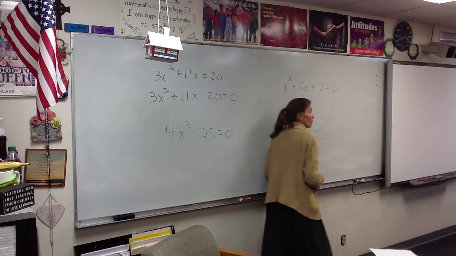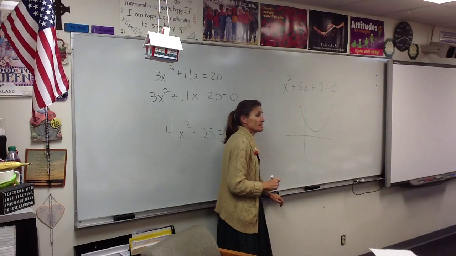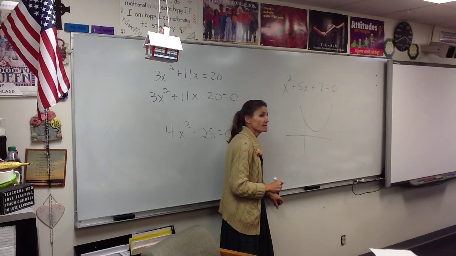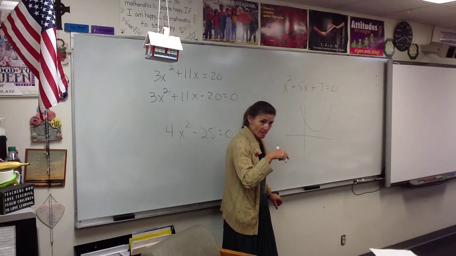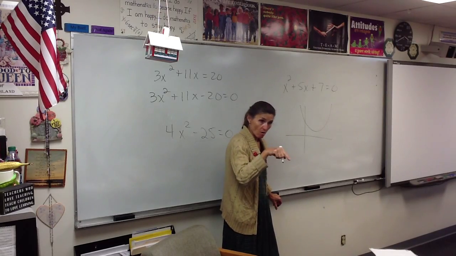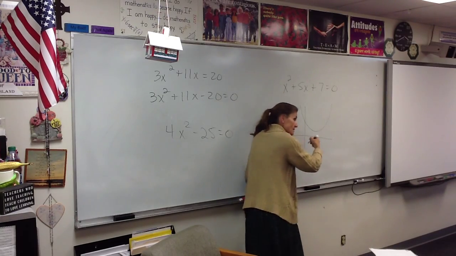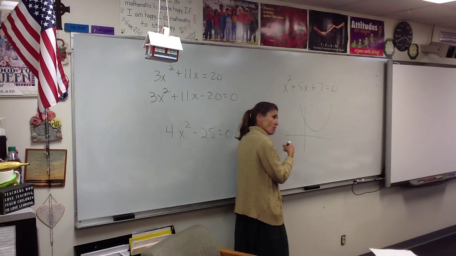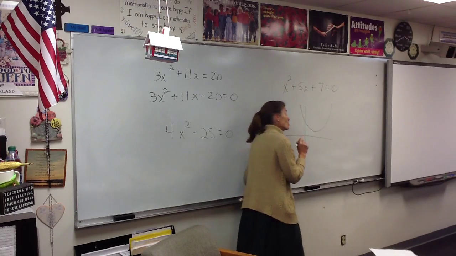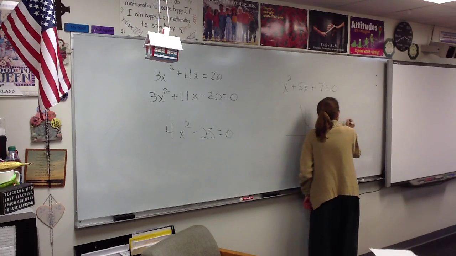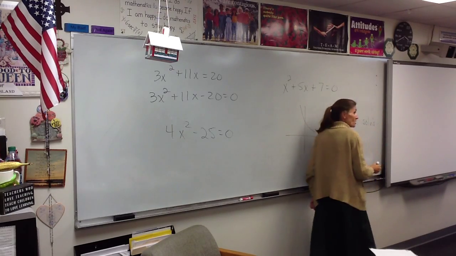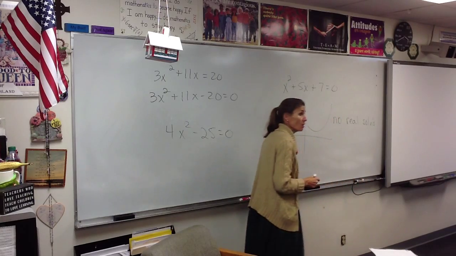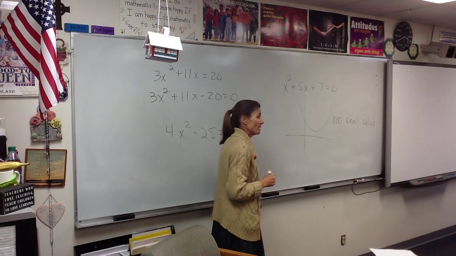It's a nice little parabola, but it doesn't touch the x-axis. Now remember, we're supposed to be solving, and when we solve, we're looking for where it crosses the x-axis. So what does this tell me? There's no real solution. Do you remember the imaginary stuff from last year, the i's and all that? That's what would happen on this one.